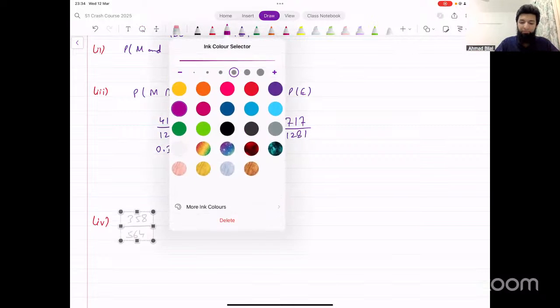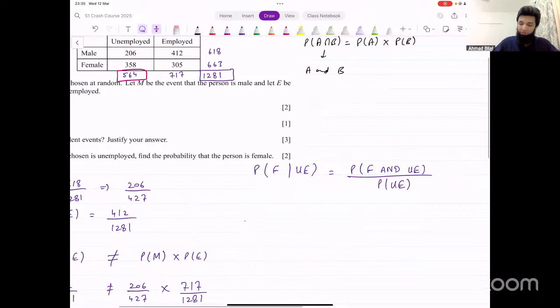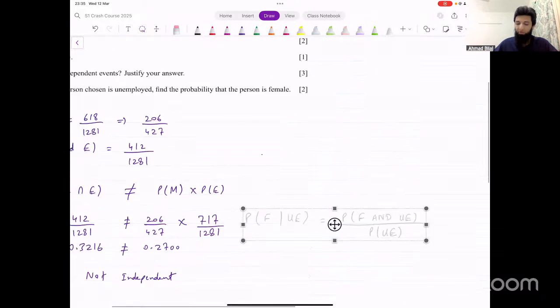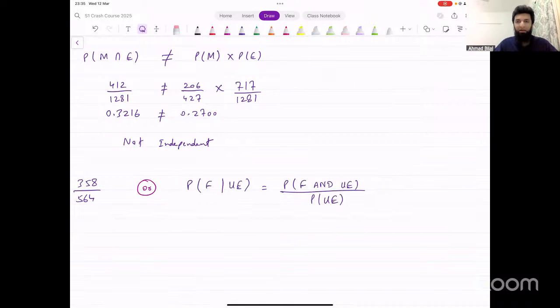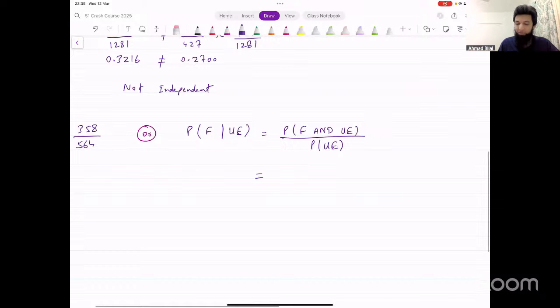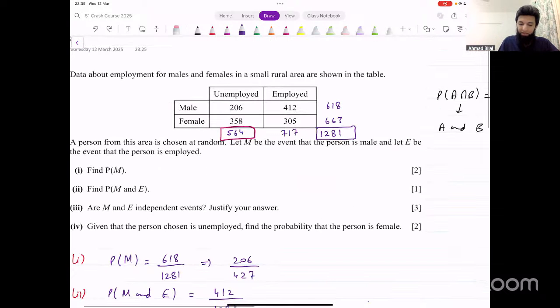Alternatively, you could use the standard formula I wrote above: the probability of F given unemployed equals the probability of F and unemployed divided by the probability of unemployed. How do you do this calculation? Female and unemployed is this number, 358, out of 1281.